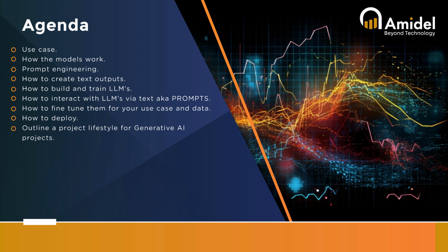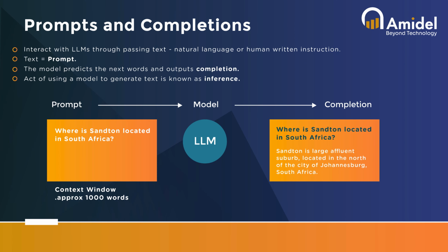Okay, so how large language models work. I will be referring to ChatGPT because I think it'll be relatable. In a sense, what you do as an individual is put in a prompt, which is in the form of text, because that's how these models interact.